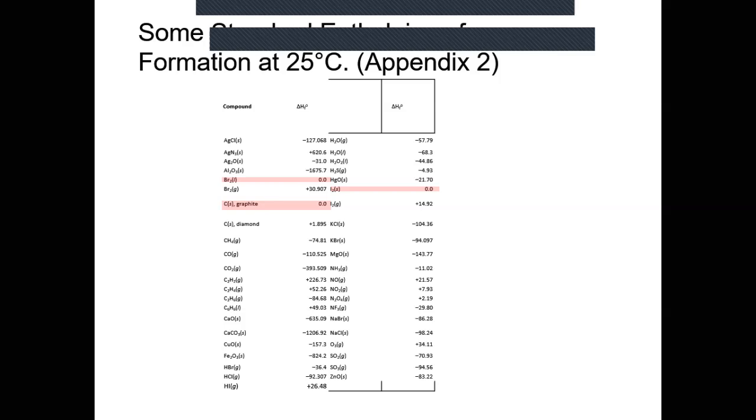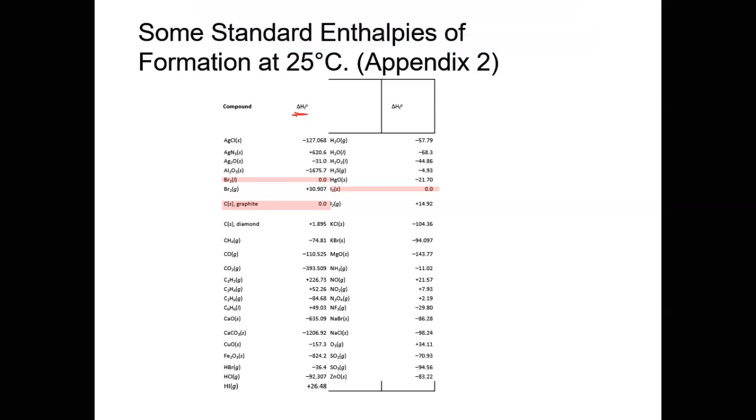And what we're looking for here is the heat of formation column. You'll use the other 2 columns if you take Gen Chem 2, but we're interested in the heat of formation column. And the heats of formation are given in kilojoules per mole. So make sure you get the right column when you look it up in the appendix. Typically, it's Appendix 2 or Appendix B in a textbook.